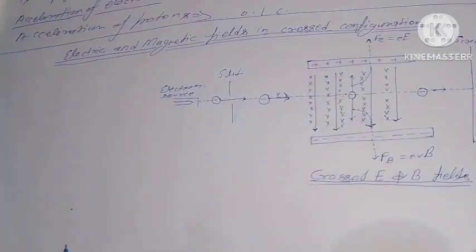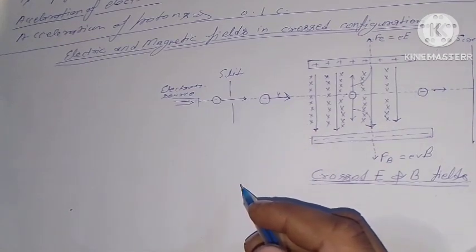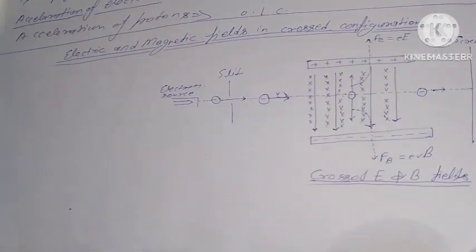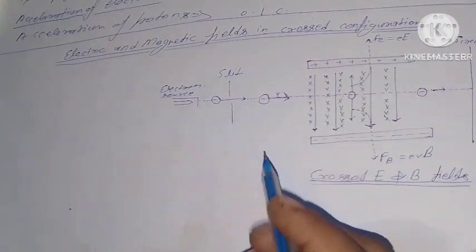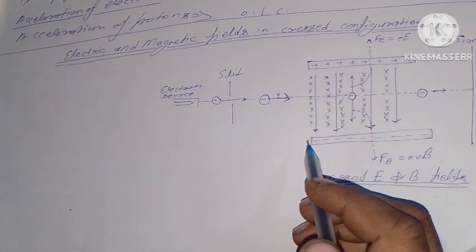When electrons pass through such a region, they are deflected simultaneously by both the fields. Two metal plates are separated by a small distance.